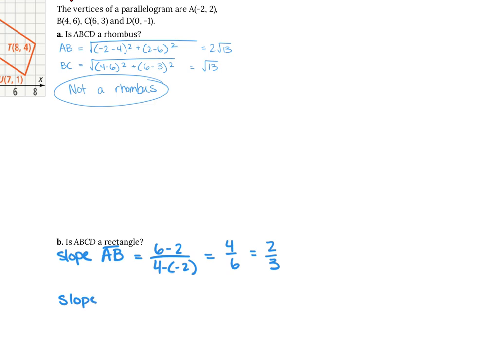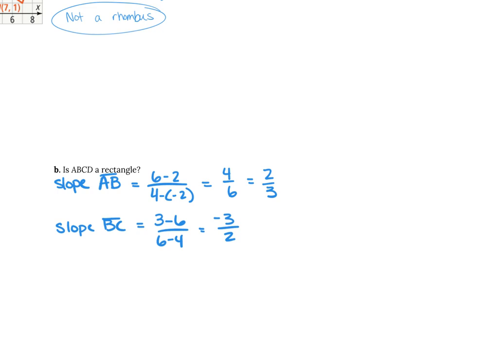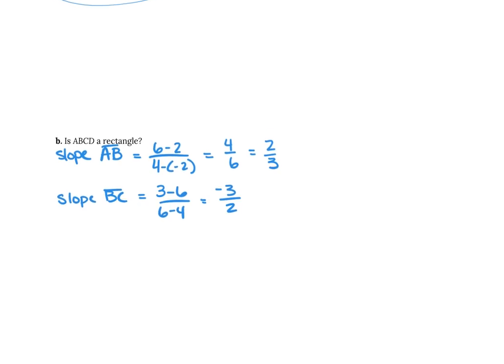So we'll find our slope of BC. And that does get me the negative 3/2. So they have negative reciprocal slopes. It's forming a perpendicular. So yes, this is a rectangle.